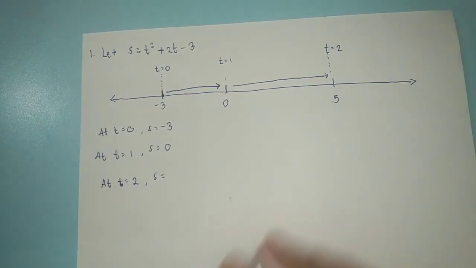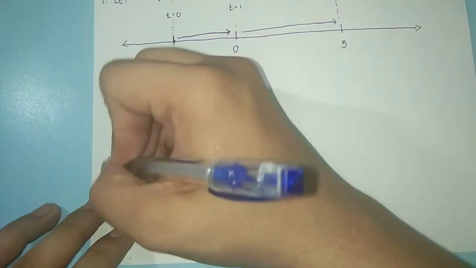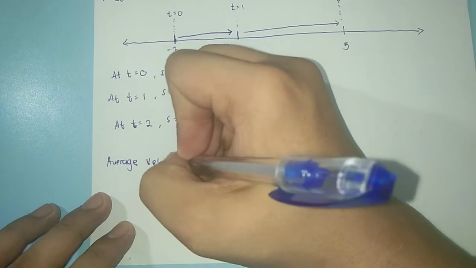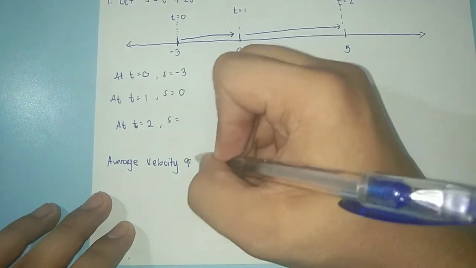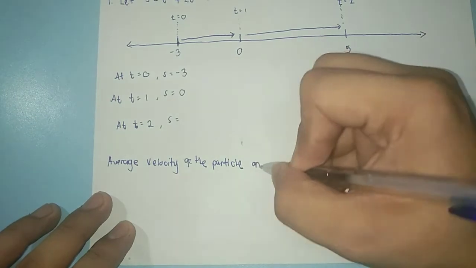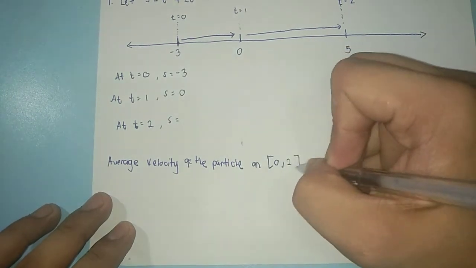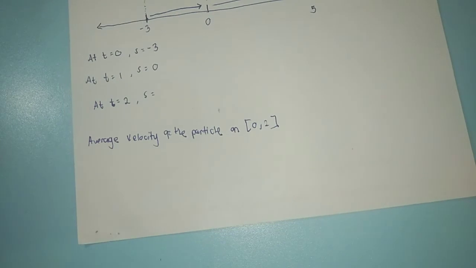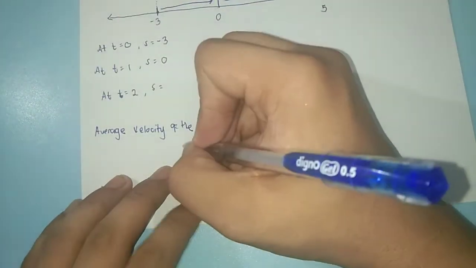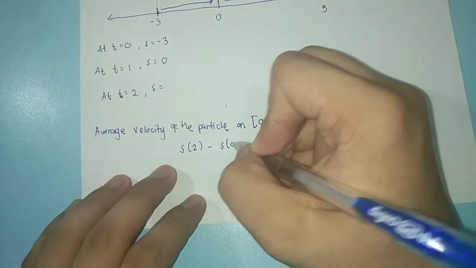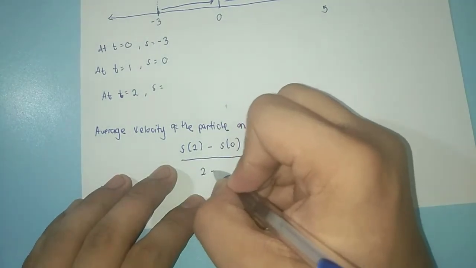Let's find the average velocity of the particle on the interval [0, 2]. For average velocity, that is s of 2 minus s of 0 over 2 minus 0.